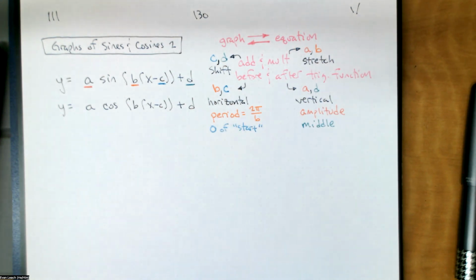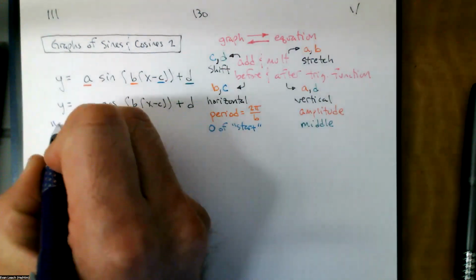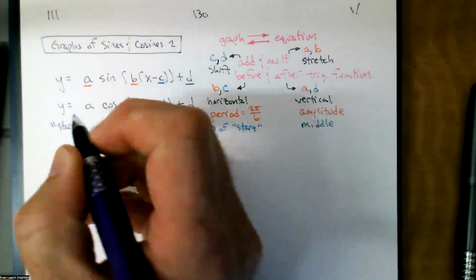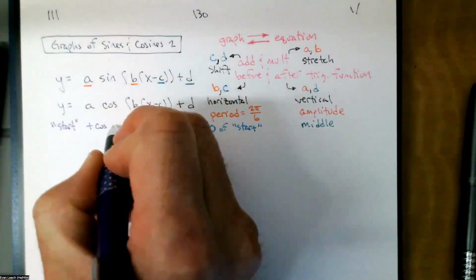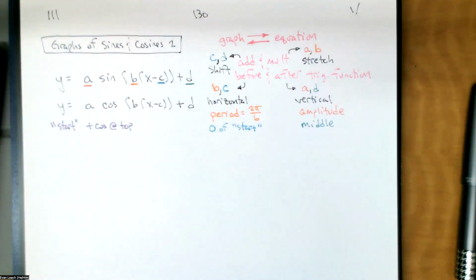The start has two parts, depending on the trig function and the sign of the amplitude. Positive cosine starts at the top, negative cosine starts at the bottom. I think I listed all these in purple last time. We start positive cosine at the top.